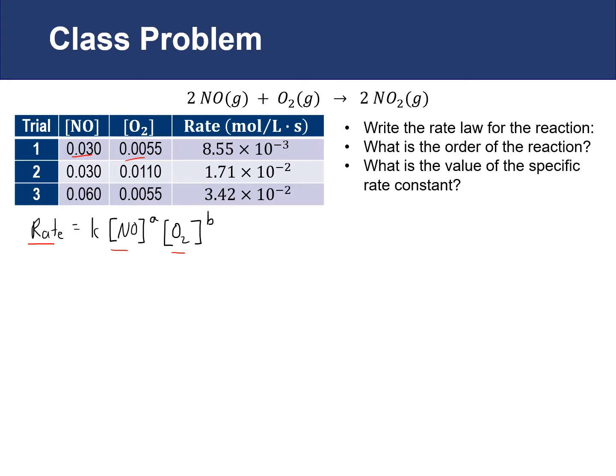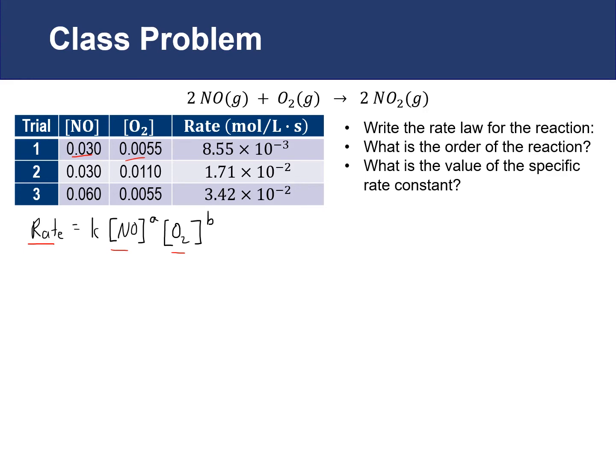What we're going to look for is two trials in which the concentration of one of our components stays the same. So I'm going to start with looking for one in which the NO changes and the O2 stays the same. The reason I'm doing that is just because NO is the first one that I wrote down.